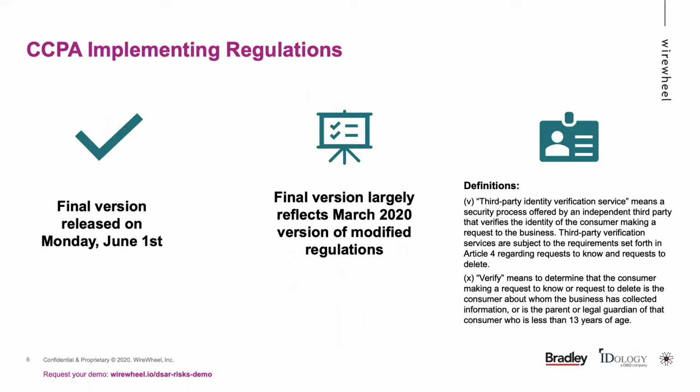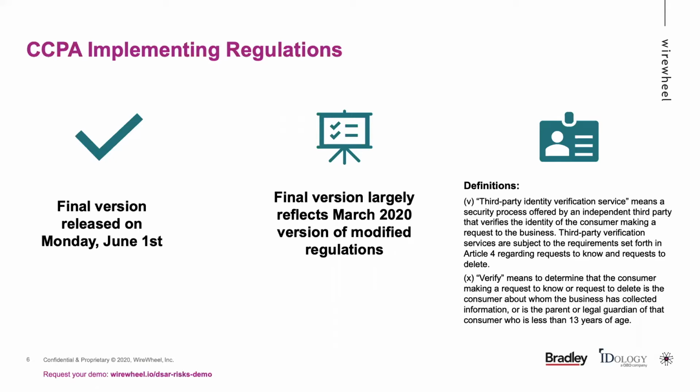The final version largely reflects the March 2020 version of the modified regulations. There were actually 3 versions produced by the California AG for comment, and this latest version is very similar in substance to the March 2020 version.